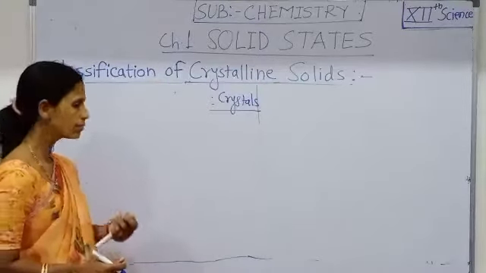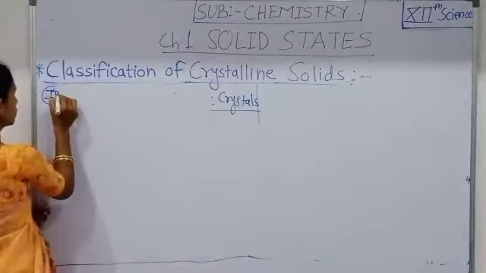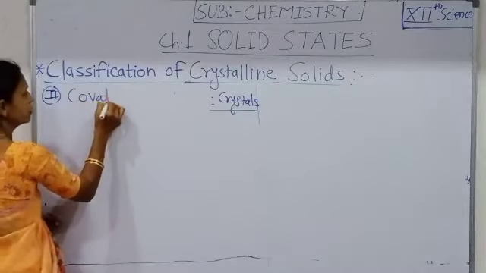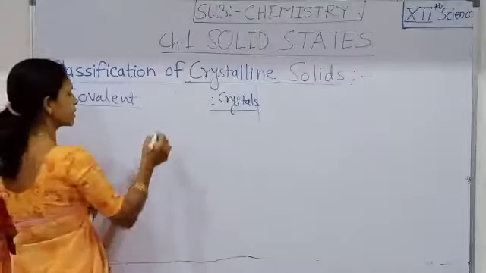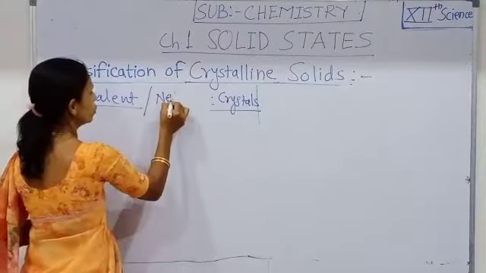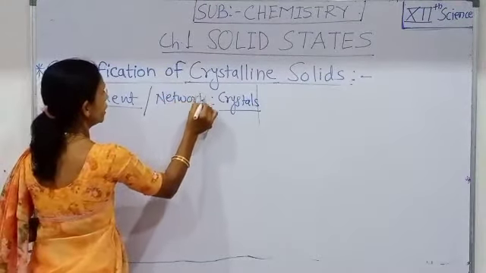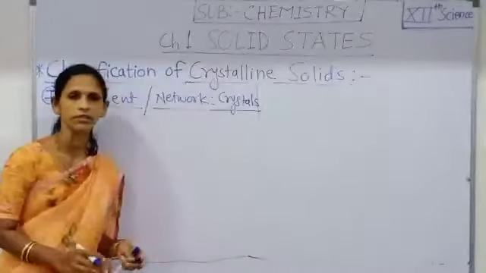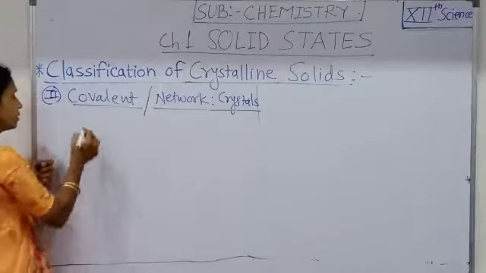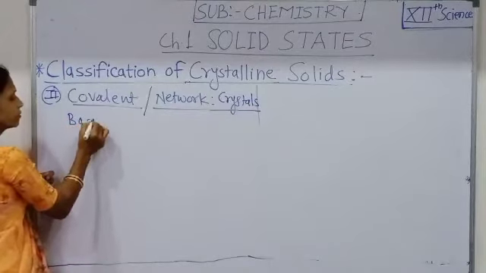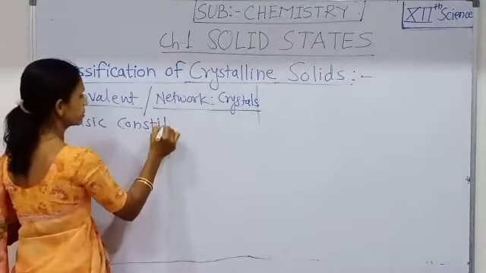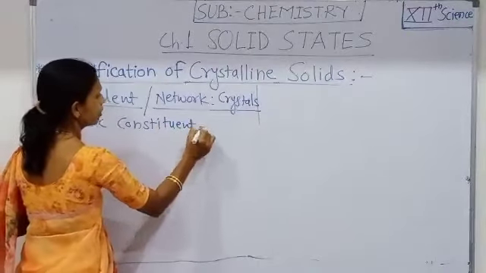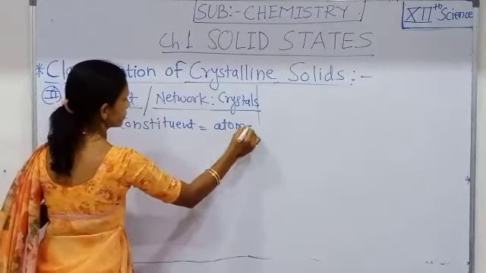Now, see here, the second type of crystalline substances is covalent solids, or covalent crystalline substances, also known as network crystals. The basic constituent of covalent crystals is atoms.